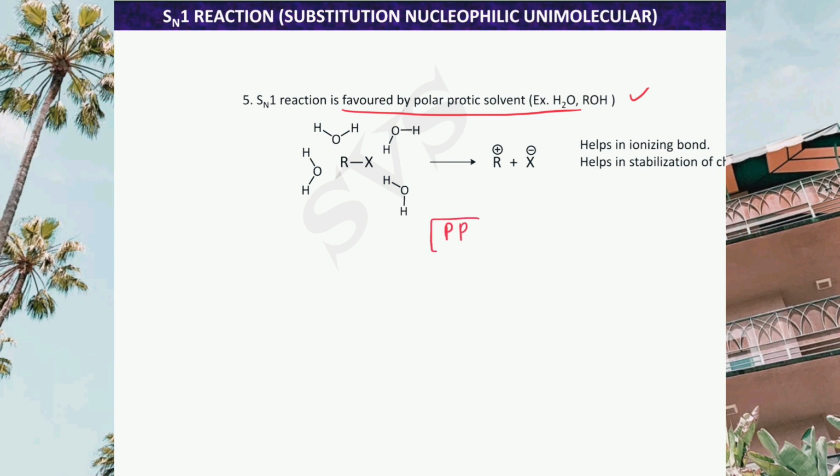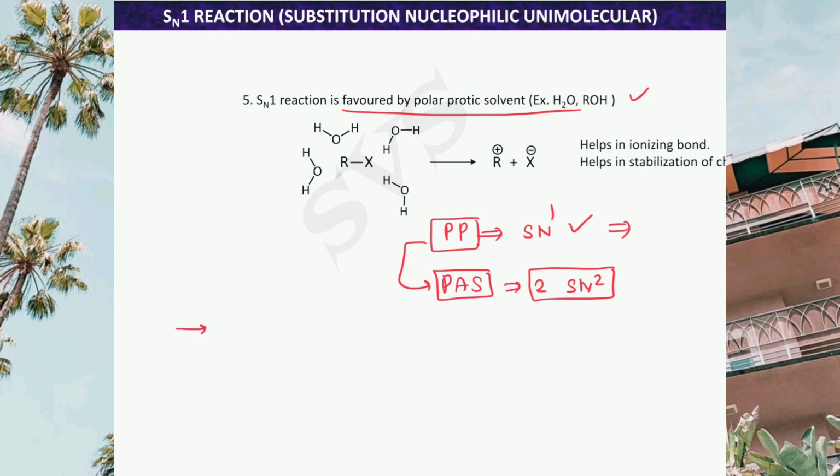PP, polar protic solvent: only one alphabet, that is the reason it is SN1. Whereas polar aprotic solvent has 2 alphabets, therefore it is favorable for SN2 mechanism. Polar protic, SN1; polar aprotic, SN2. Polar protic means which is ready to donate protons, H plus ions.